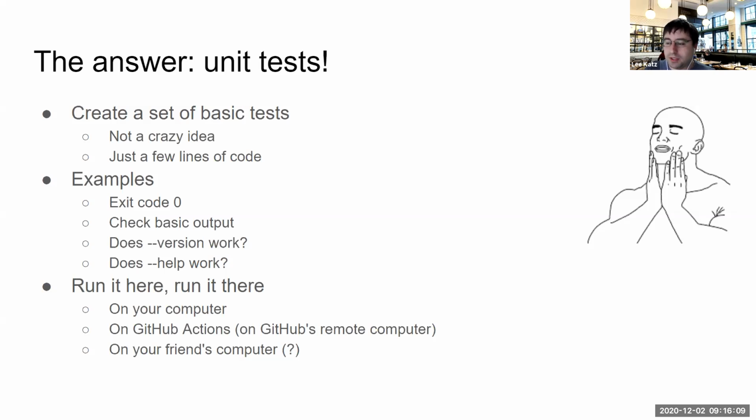Does --help work exactly how you expect? And if your unit tests are packaged correctly, then they run correctly on your computer, on a GitHub Actions server, on your friend's computer if you send it to your friend, everywhere. It's a very standard thing, and therefore it runs in a standard way on every computer, theoretically.